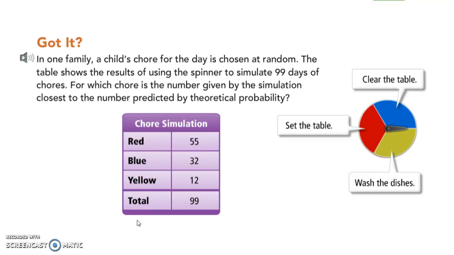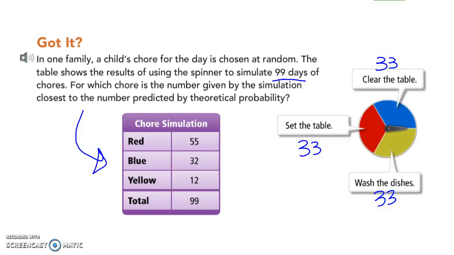So if I was going to simulate 99 days of spinning the spinner, notice there's 3 equal sections. What would I expect for it to land on? I would expect 33 set the table, 33 clear the table, 33 wash the dishes. And then I just have to compare that to the actual experimental probability that I got in this table here.